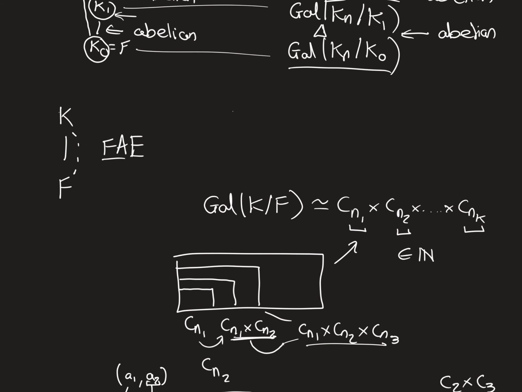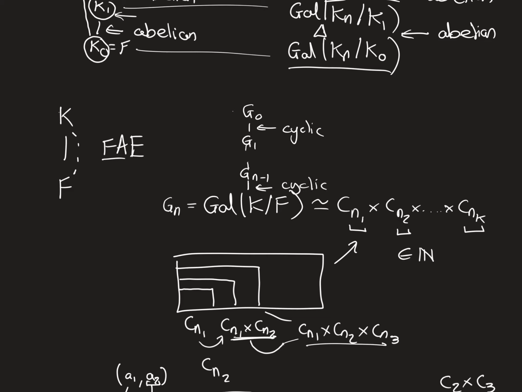So what I can now do is apply this here and then apply Galois theory. So inside my abelian Galois group, which we'll call Gn again, I'm going to have this chain of normal subgroups, where all of these quotients that you get give cyclic groups.